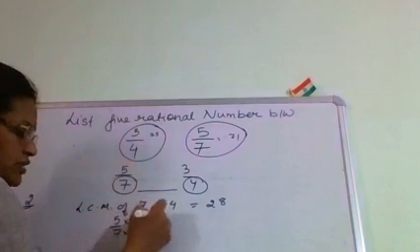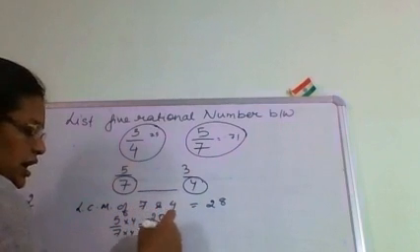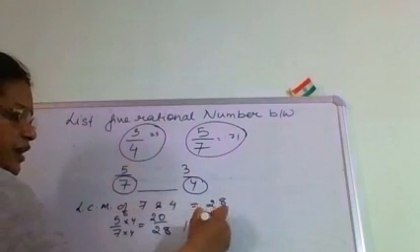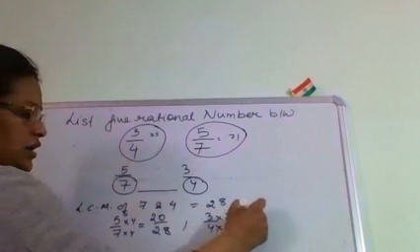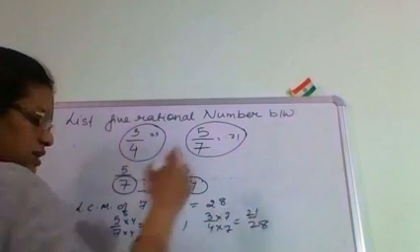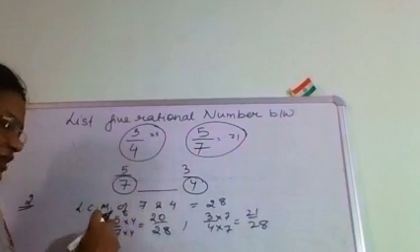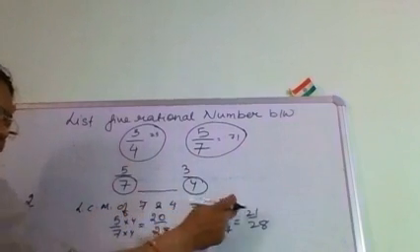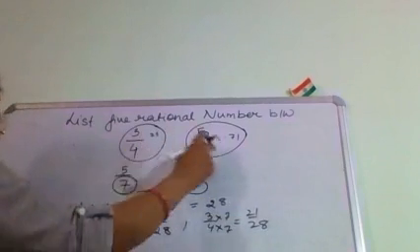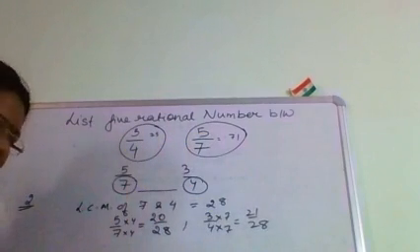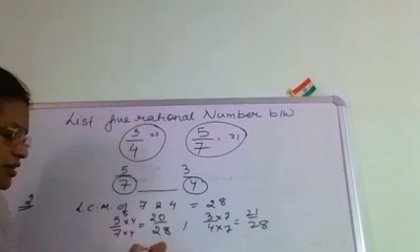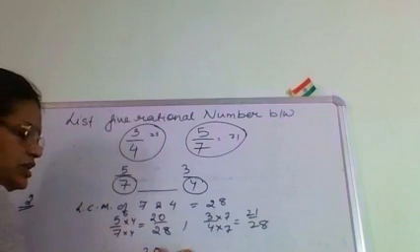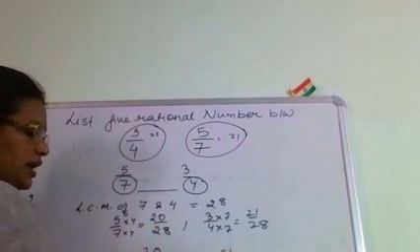The same step, 5 fours are 20, and here it is 28. And for 3/4, how much should I multiply? 7, 21, 28. You see, 5/7 is smaller: 20/28 and 21/28, because of my multiplication. Okay, so the equivalent numbers become 20/28, 21/28.